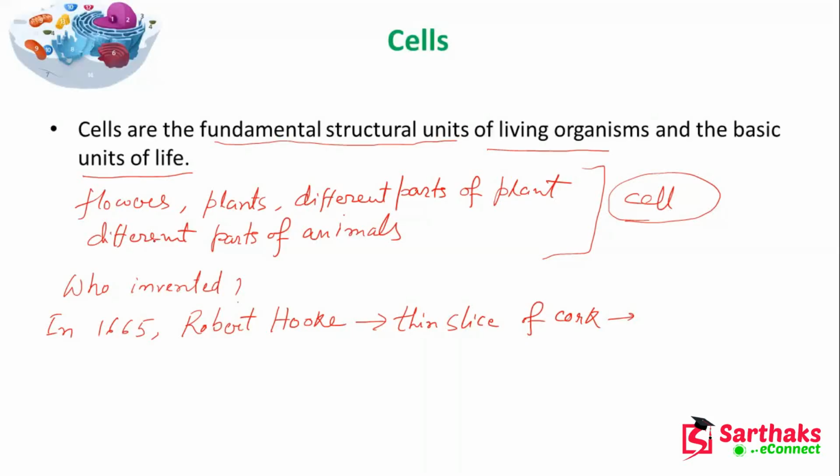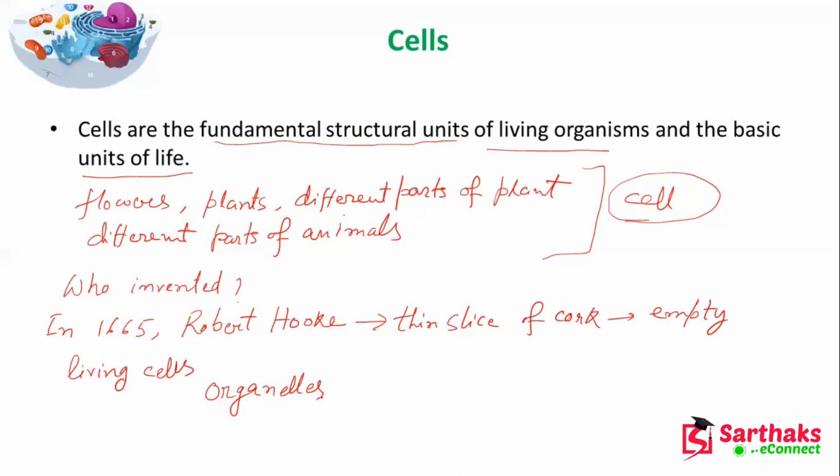The living plant cells are not empty like the cork cells, which he saw as empty. It was seen that living cells are not empty like the cork cell, and they were found to contain a number of tiny structures called organelles.